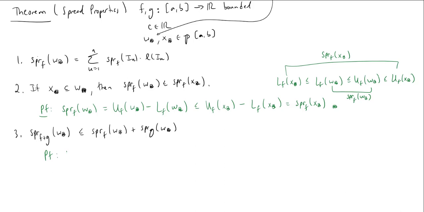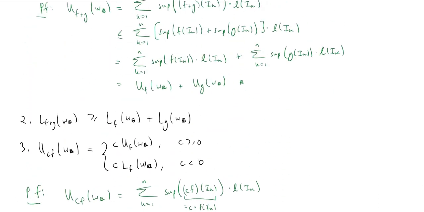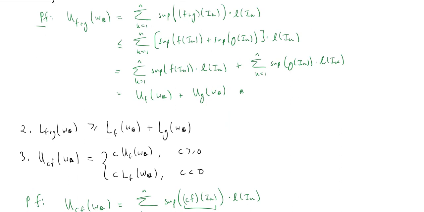If I take the lower sum of W, the F lower sum, plus the G lower sum for W, this is less than or equal to the F plus G lower sum of W. This goes back to the previous video where we showed that the lower sum of F plus G is at least as big as the sum of the lower sums for F and G. I'm just writing that backward here.